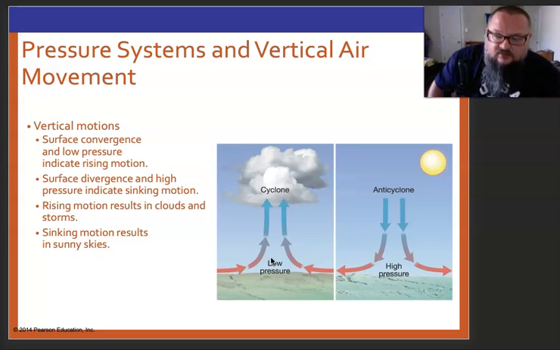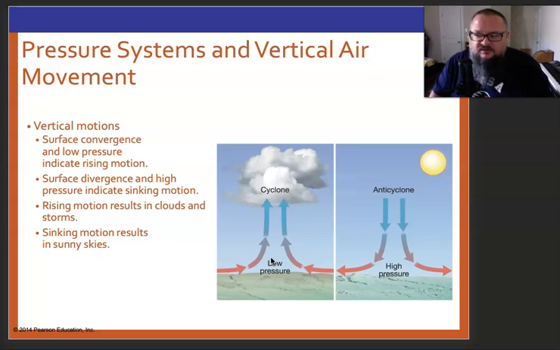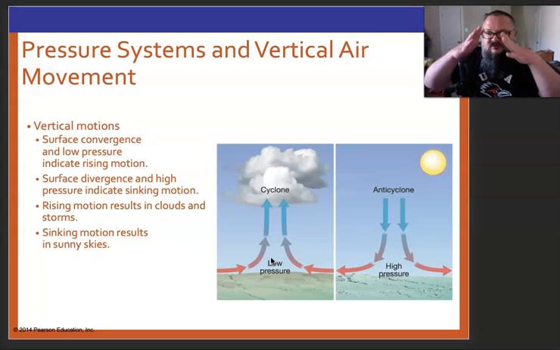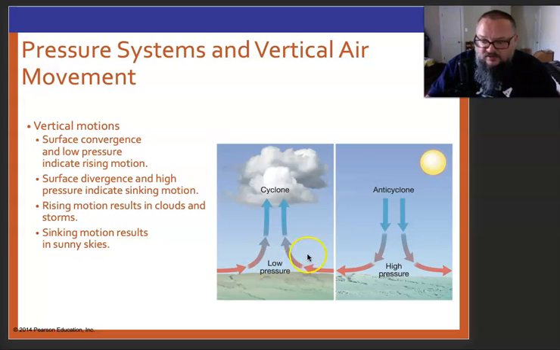As it cools down, what happens to the relative humidity? Because cold air can't hold as much water vapor as warm air, right? So as that air cools, relative humidity gets greater and greater, and at a certain point along here, that air temperature is going to cool down to the dew point temperature.